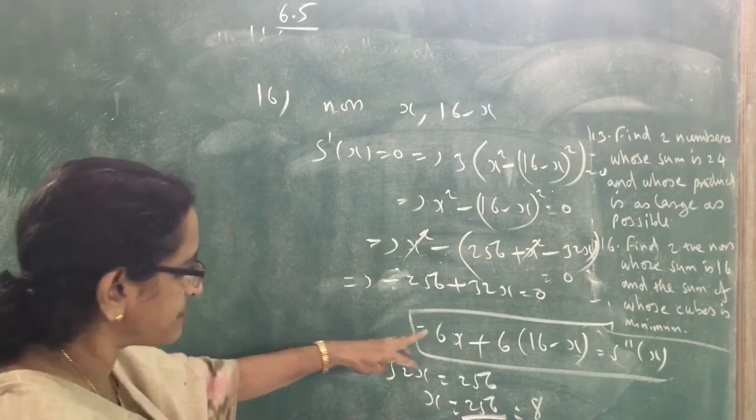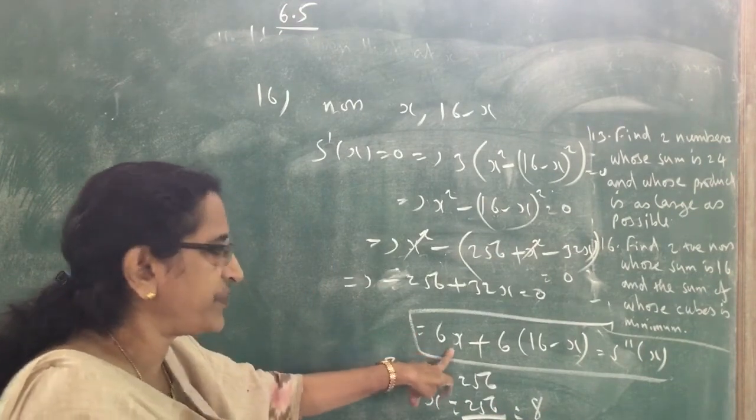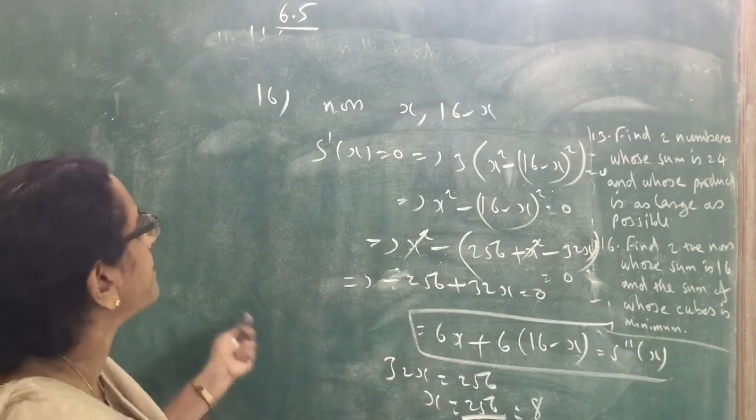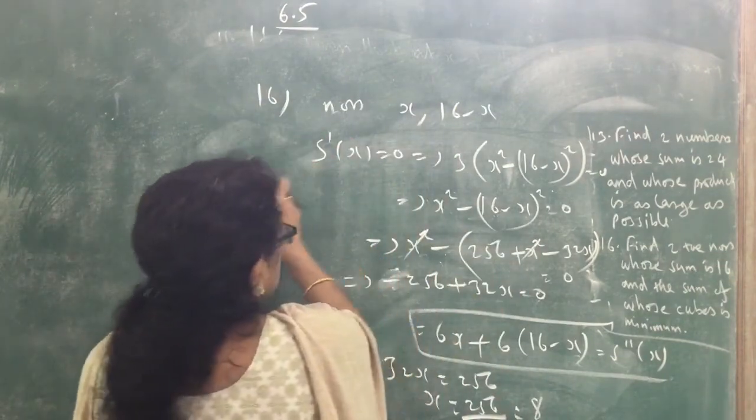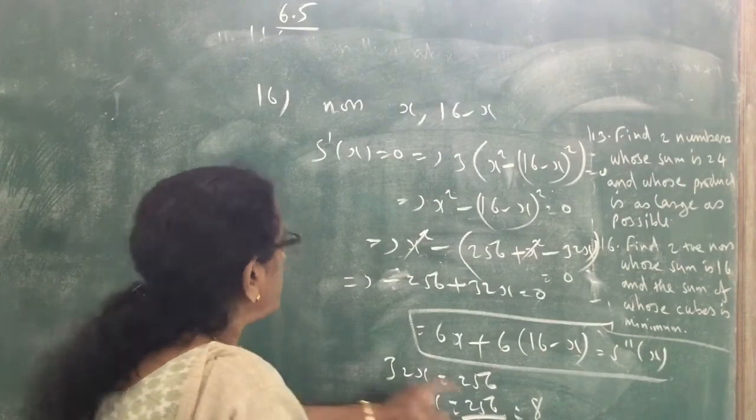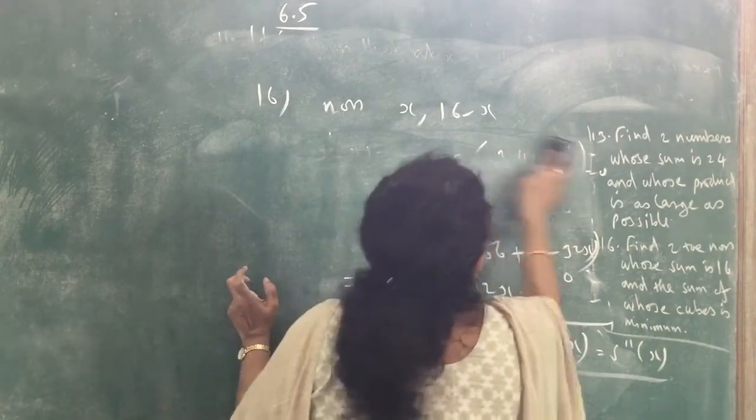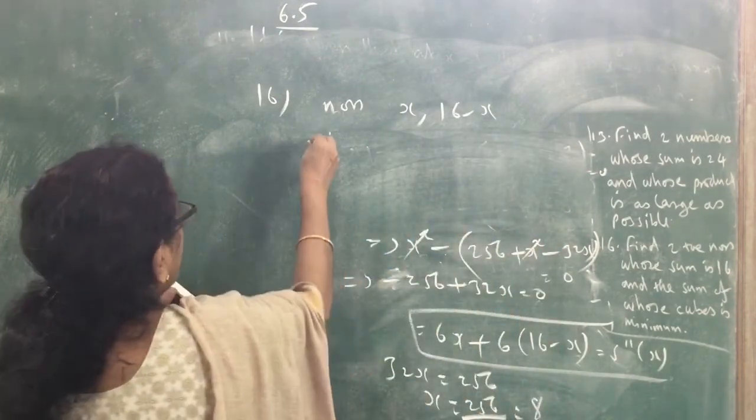Then we can substitute in the second derivative and see whether it is maximum or minimum. There is only one value of x, that is 8. Now we can substitute x equal to 8.